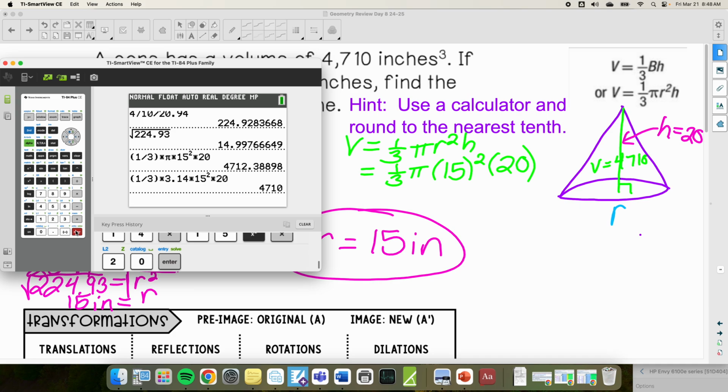So they used for this problem 3.14 rather than pi, okay?